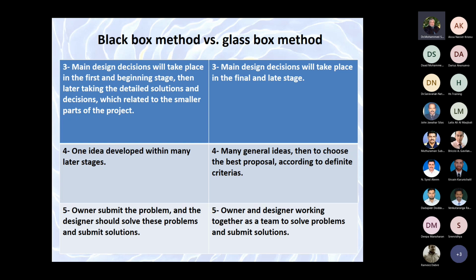In the black box method, the owner submits the problem and the designer should solve these problems and submit solutions, while in the glass box method, the owner and the designer work together as a team to solve the problems and submit solutions.